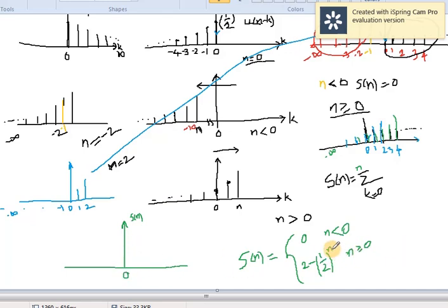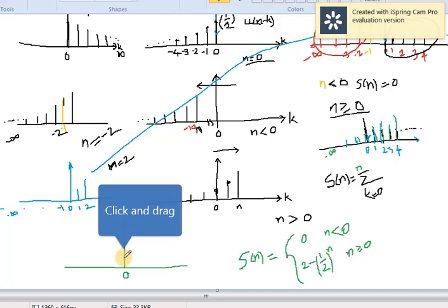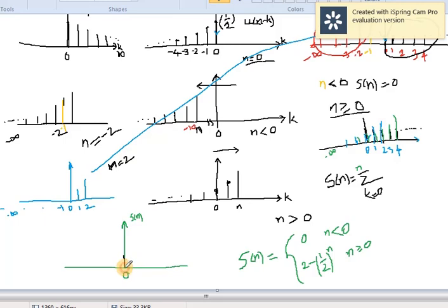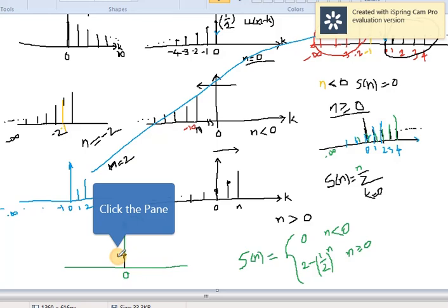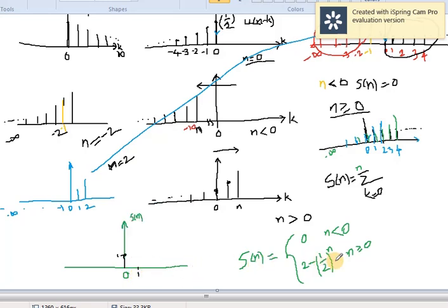When n is 0 in this equation, it is 2 minus 1 by 2 raised to 0, which is 1. So 2 minus 1, its value would be 1. Then for n is equal to 1, its value would be 2 minus 1 by 2 because half raised to 1 is half, which will be 1.5.